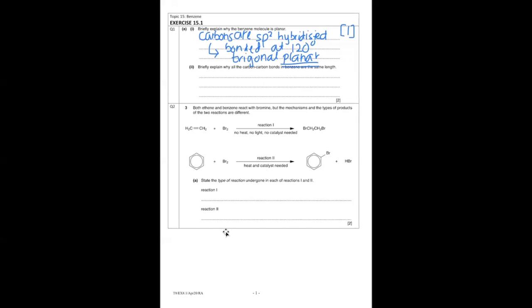Briefly explain why all the carbon-carbon bonds in benzene are the same length. Now, Kekule said that benzene is actually made up of 3 single bonds and 3 double bonds, okay? But when they analyzed the structure of benzene, it turns out that the bond lengths of the benzene ring don't show 3 single bonds and 3 double bonds.